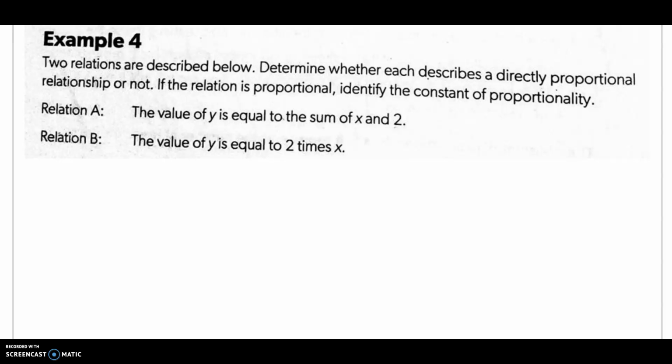Relation A, the value of y is equal to the sum of x and 2. So that will be x plus 2. Relation B, the value of y is equal to 2 times x.